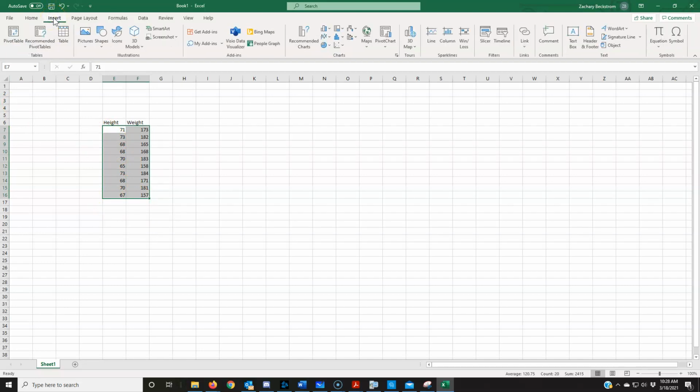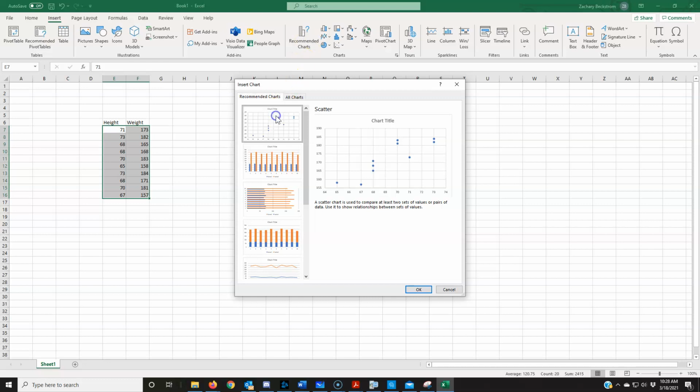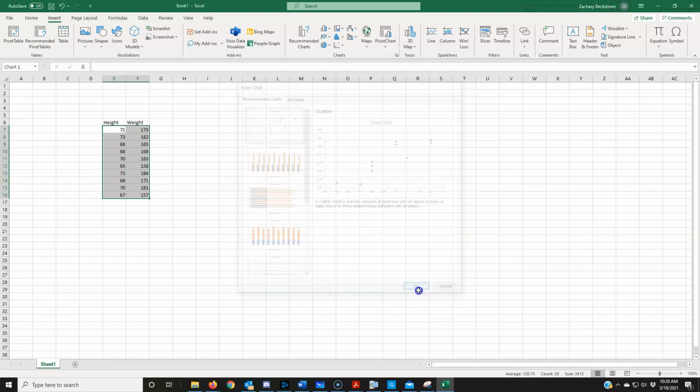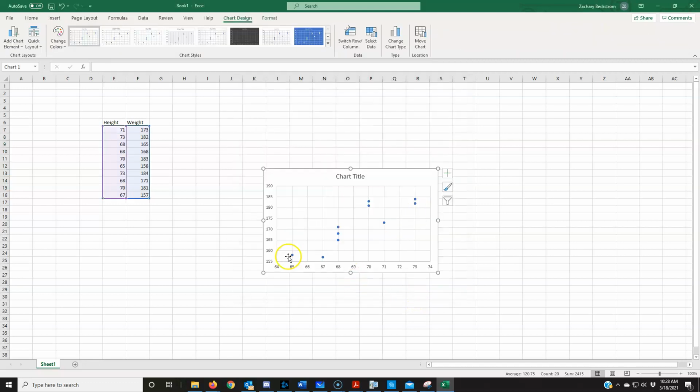And I'm going to go over to where it should say recommended charts on my version. You should have something that says charts over there, and you might want to find one that looks like a scatter plot, but you can also click here. My first one here is a scatter plot like this, so I'm going to hit OK. And this is what mine looks like right there.